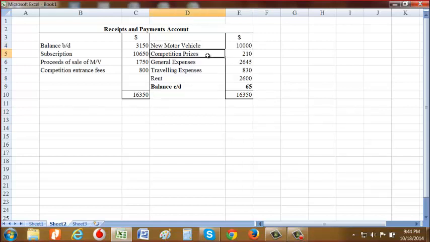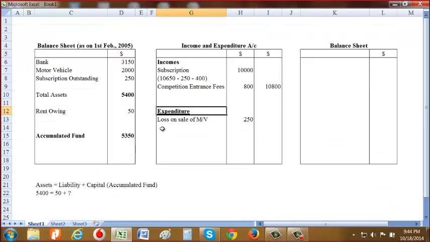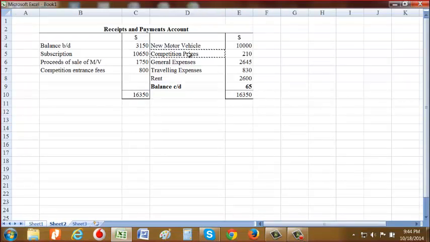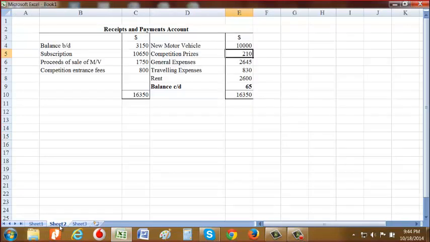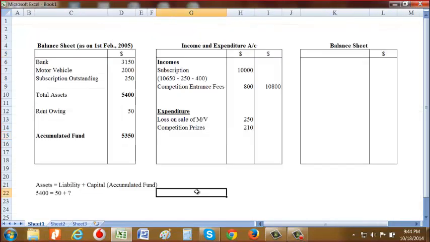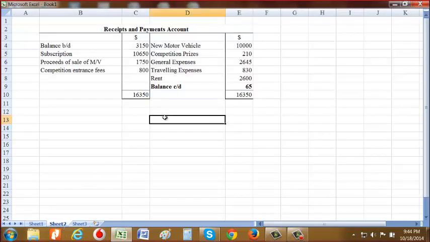Okay? Then see competition prices. How much amount? So this is expenditure. This I will take. Competition prices, 210. After competition prices, see what is there? General expenses, isn't it?